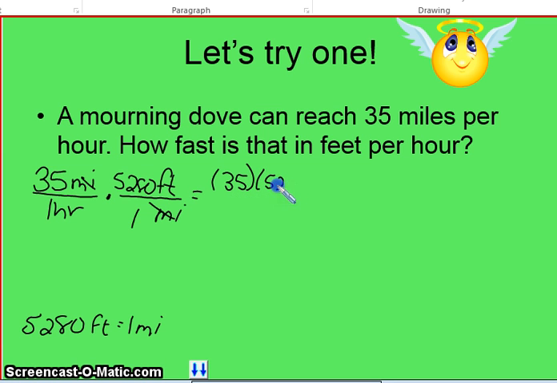times 5,280, and my unit on top is feet, all divided by 1 times 1, and my unit in the denominator is hours.